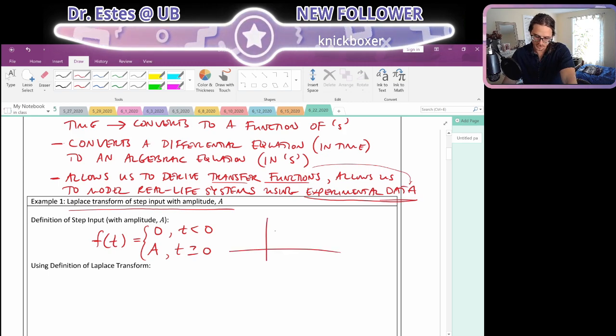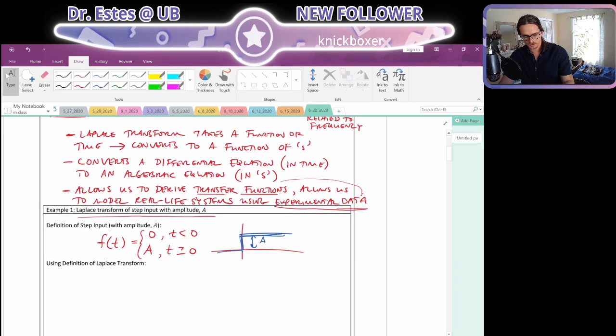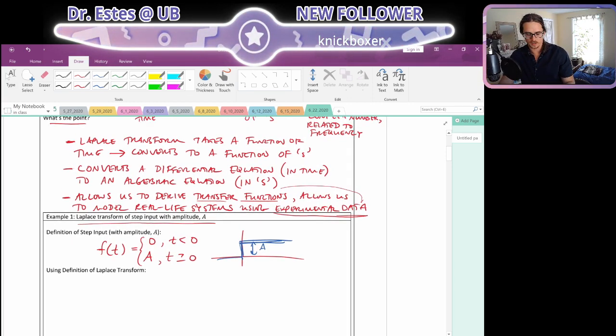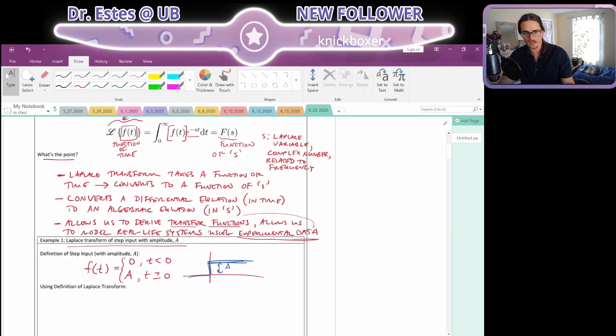So that's why they call it a step input, because it turns on from 0 to its amplitude, and it just stays there. Looks like a step. So to try out the Laplace transform, I want to use it on this function of time and convert it to a function of s.